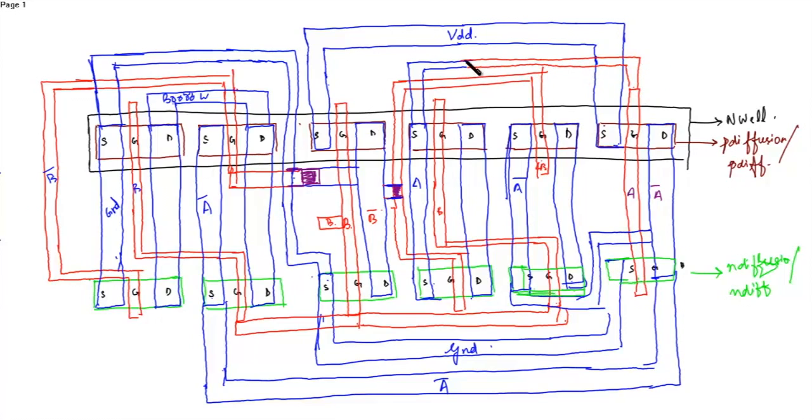And you have to place a poly contact here. Okay. Now this is connected. Next you have to connect the output. Output is obtained from the drain.